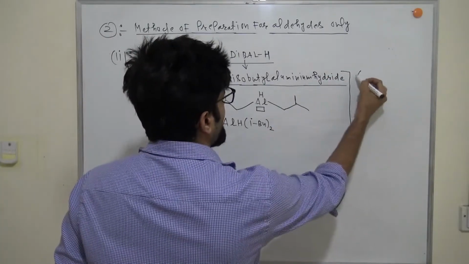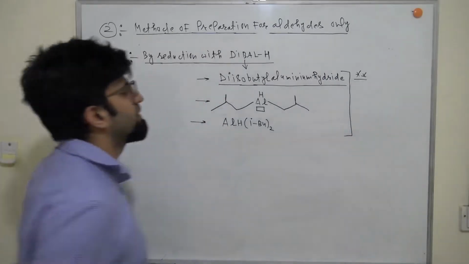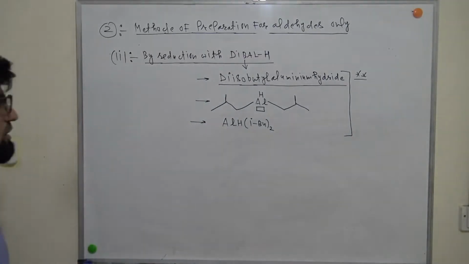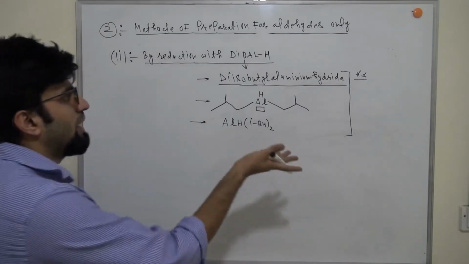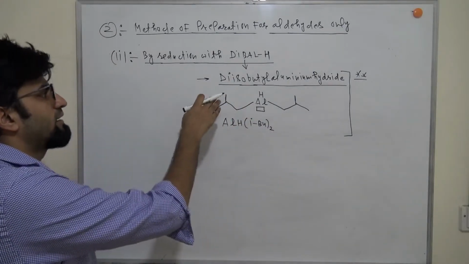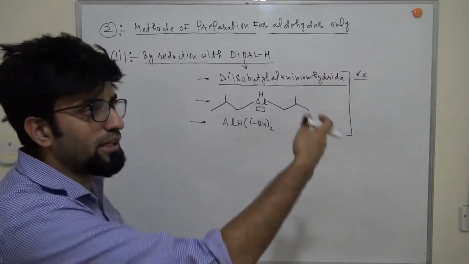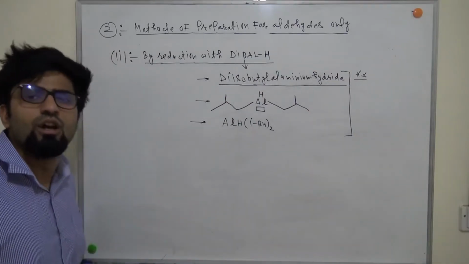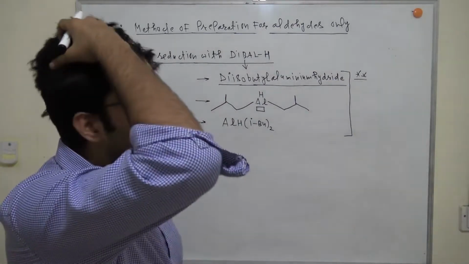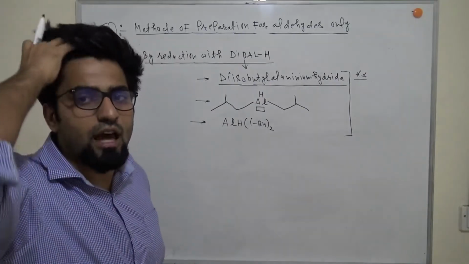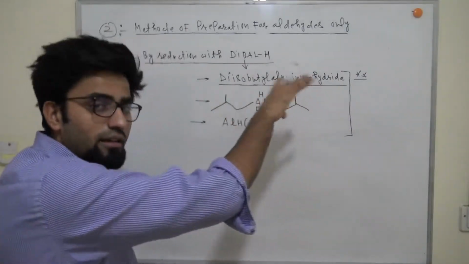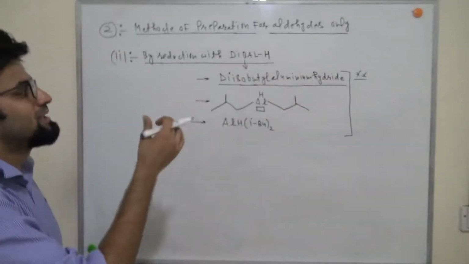It is a very important reducing agent, DIBAL-H. Understood? For reducing agents, we have lithium aluminium hydride, sodium borohydride, H2/Ni/Pt/Pd. They all are reducing agents. I told you in alcohols also, but even in carbonyl compounds there is a different topic, reduction of carbonyl compounds, where we will see this in more detail.